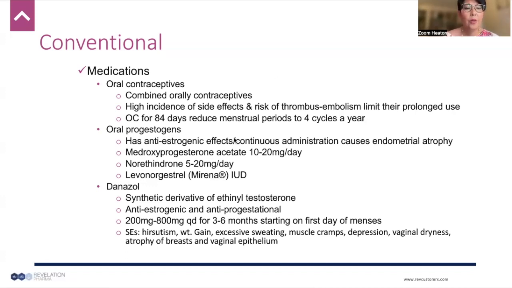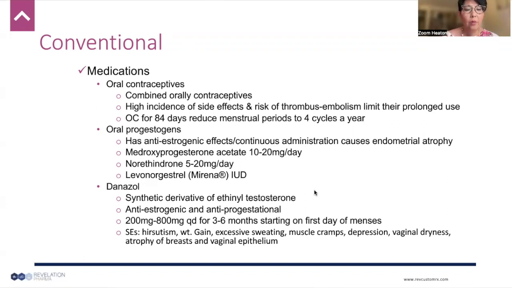And of course, you also have oral progestogens, which are synthetic progesterone, and these have anti-estrogenic effects. And the continuous use causes endometrial atrophy. And medroxyprogesterone has proven efficacy in pain suppression in both the oral and the injectable depot preps. And Mirena has also been shown to reduce endometriosis-associated pain as well.